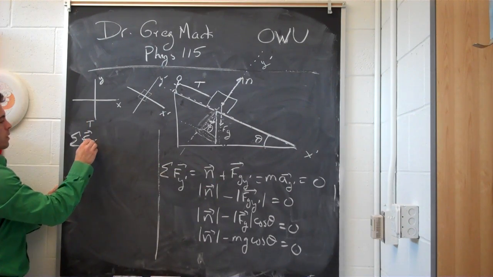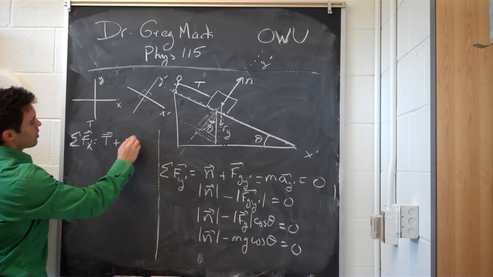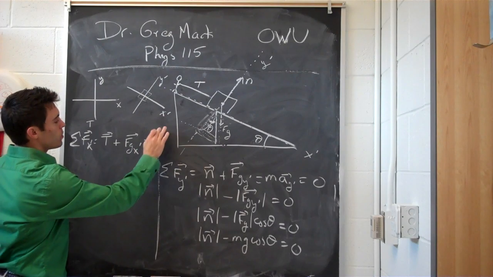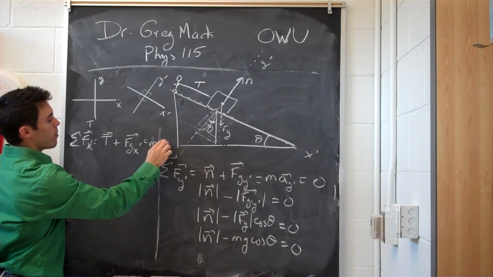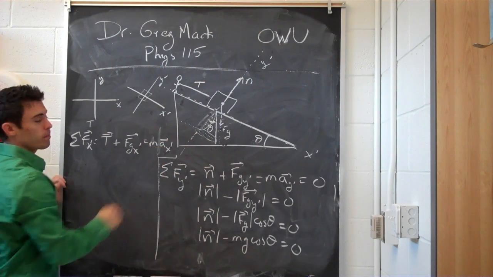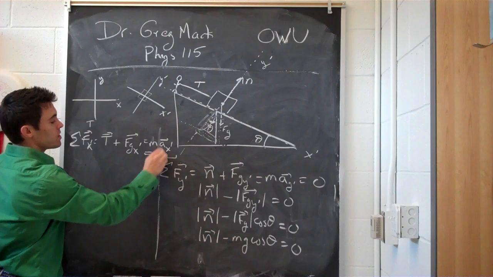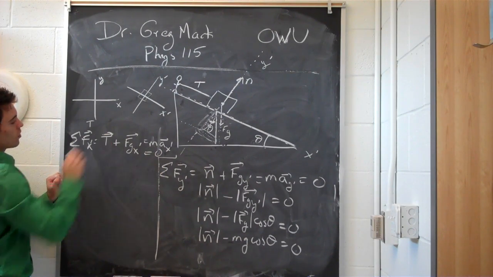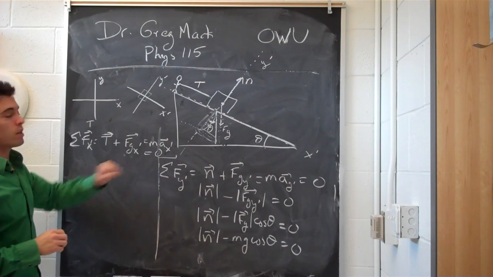So we have the sum of the forces in the x prime direction is equal to the tension plus Fg x prime, which would then be equal to ma x prime. But because the person's holding it in place, that's going to be 0. Okay? So the tension here plus the other vector for gravity is going to give you 0.